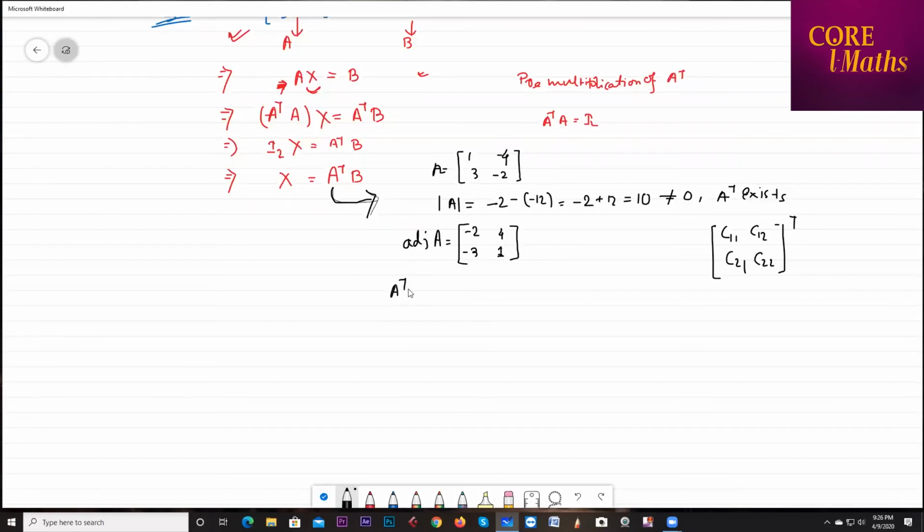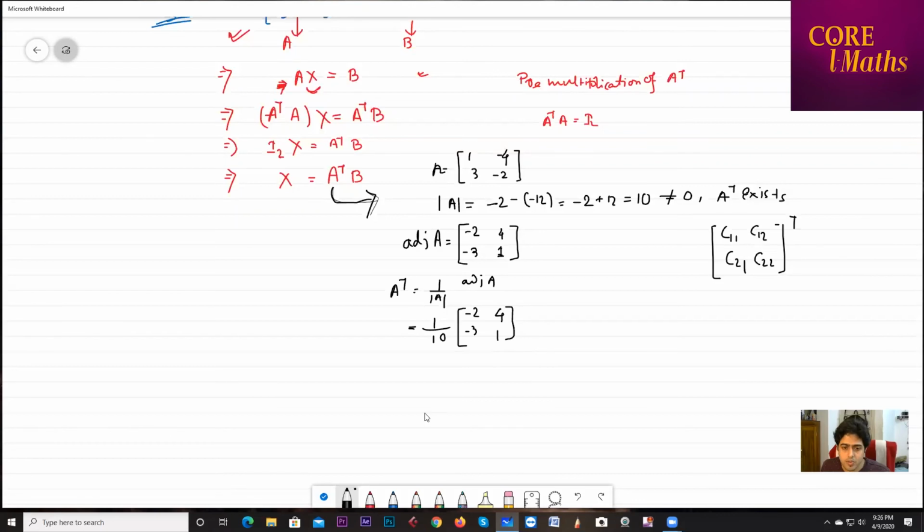So A inverse will be 1 by det A into adjoint of A, which is nothing but 1 by 10 into minus 2, 4, minus 3, 1.